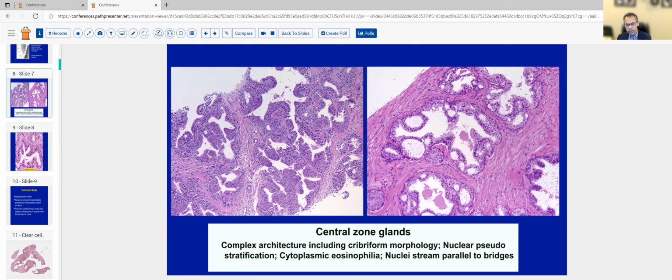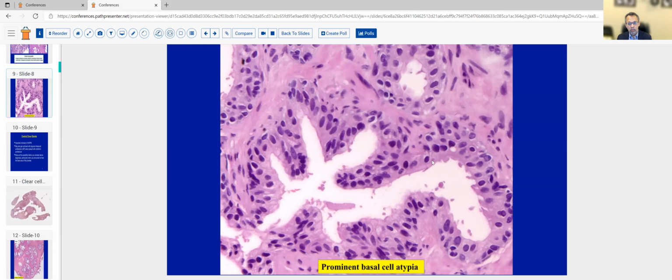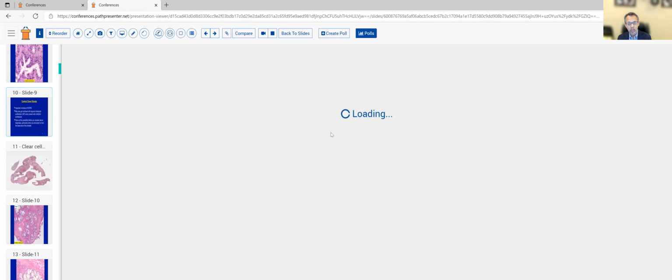When you have bridges, look at the nuclear features. Nuclei stream parallel to bridges in this reactive process, compared to the typically more perpendicular location in the atypical spectrum. When ATPI is present, it is typically basal cell in nature. So that's again a very helpful feature. And again, note this distinct cytoplasmic eosinophilia.